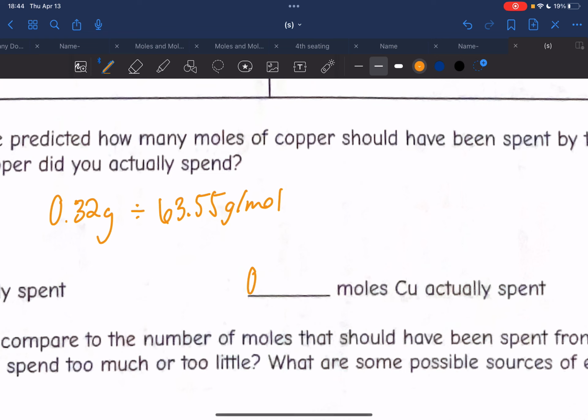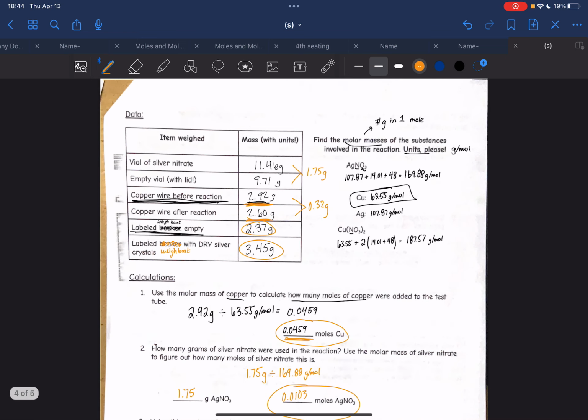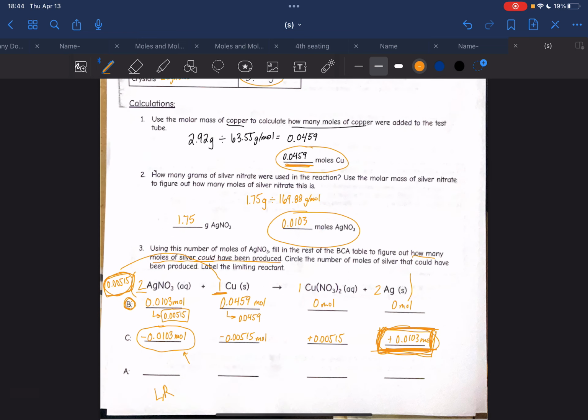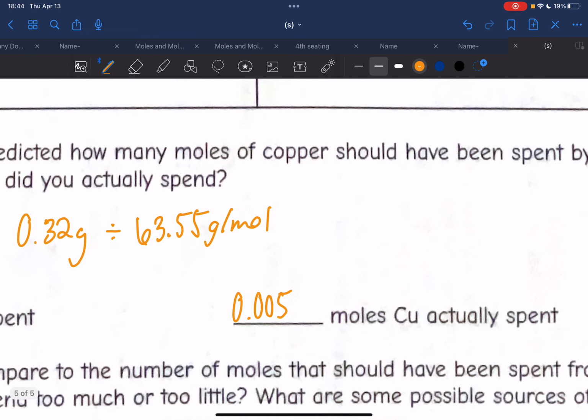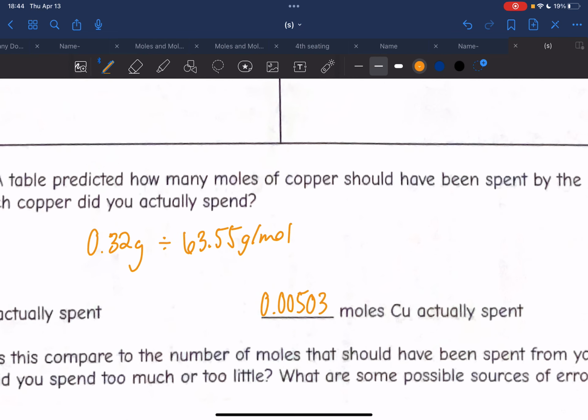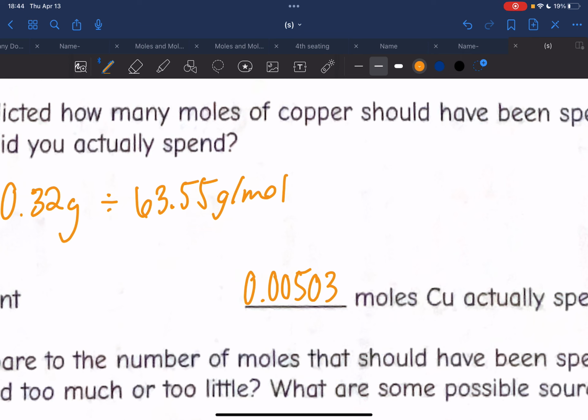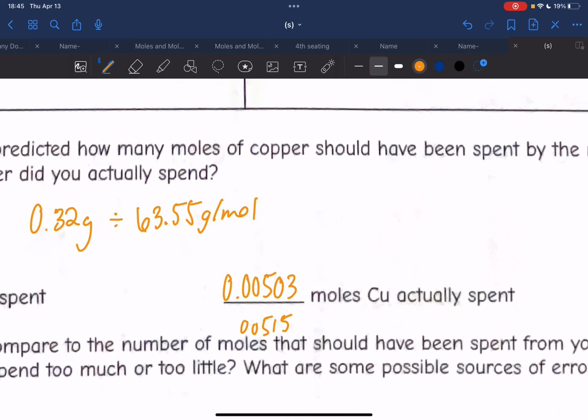Okay, so I actually spent 0.00503 moles. So I should have spent, or I could have spent, 515, and I actually spent 503.